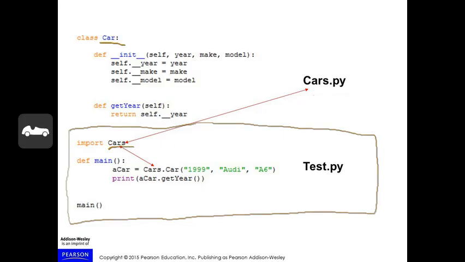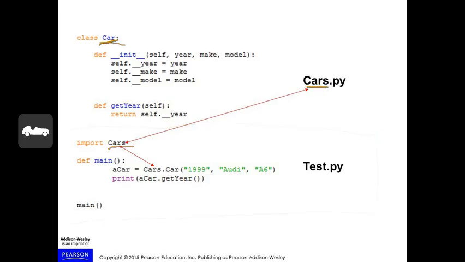So I import cars, and then when I try to create a car object, I need to use the module name first, cars dot car, and this car is the name of the class, so that I can create a new object by using the class definition defined in another module.